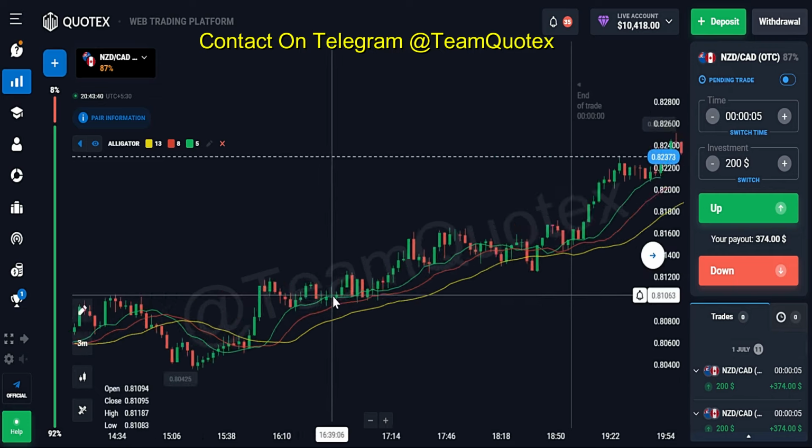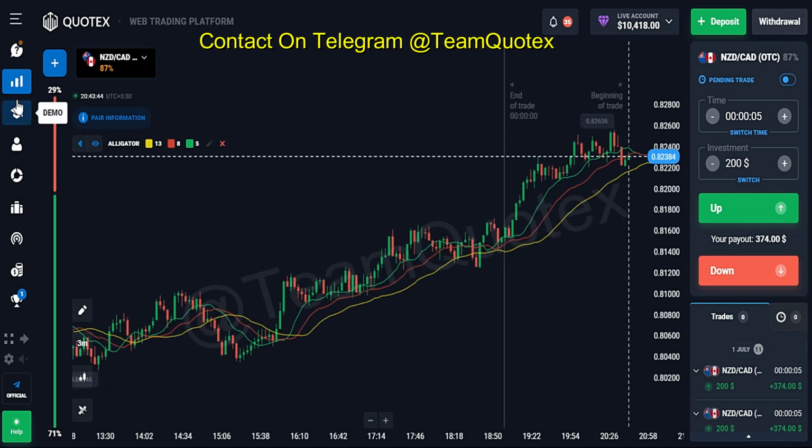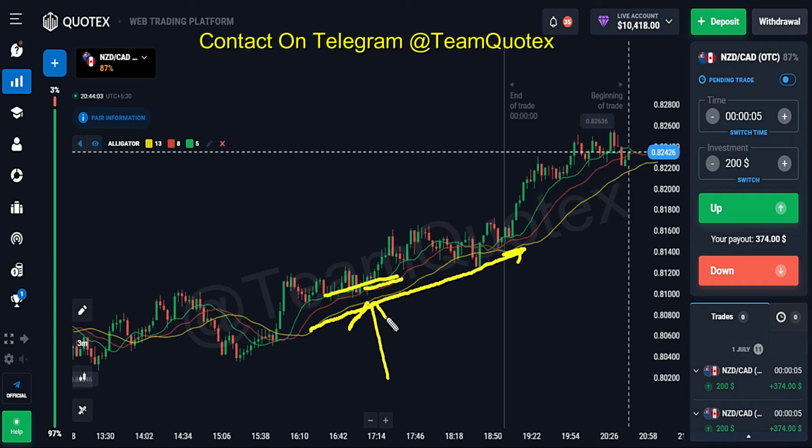First, you have to see where your yellow line is. This is your yellow line, and if both your green and your red lines are above the yellow line, this is my experience I am sharing with you, and I will do live trading and you will see the results.